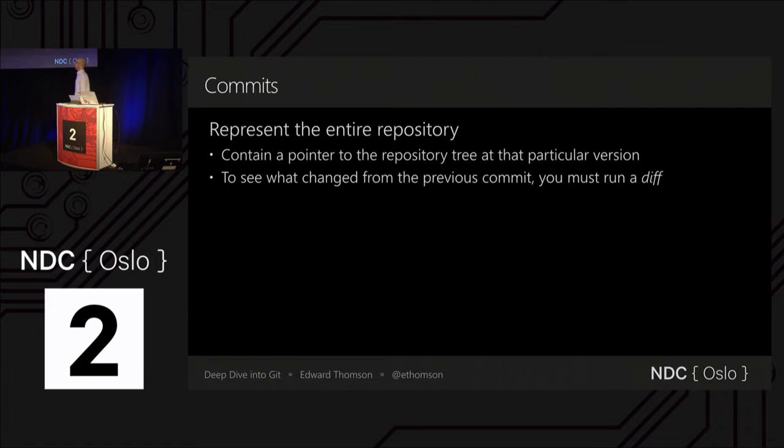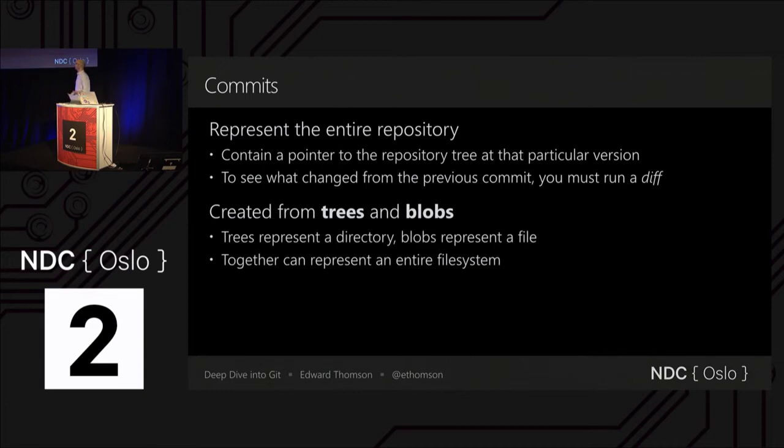Okay, so to make that snapshot, a commit is made up of trees and blobs. Trees are directory objects. They represent file system entries, and blobs represent an actual file. So you have a bunch of blobs, one for each file in your Git repository, and they are organized into trees, and then a commit points to the root tree, the root of your Git repository.